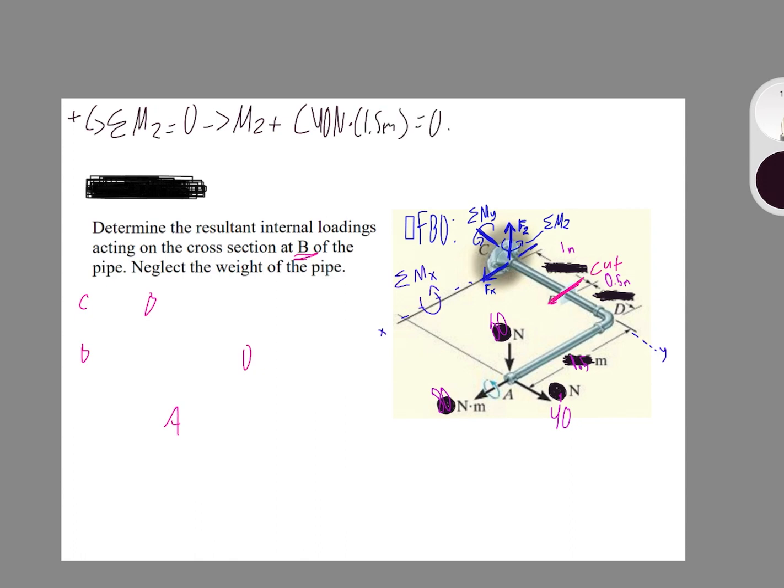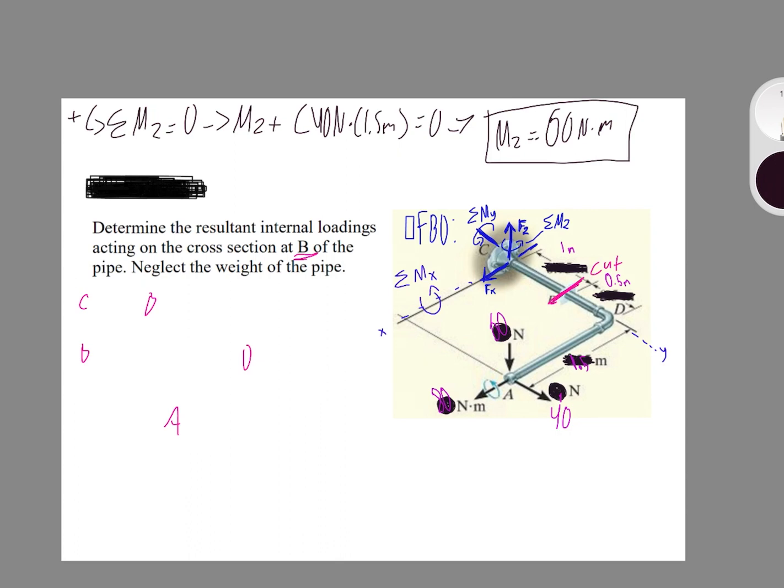I'm pretty sure you should be able to solve this in your head if you've gotten to this level of mathematics. So that's going to be negative 60 newton meters.